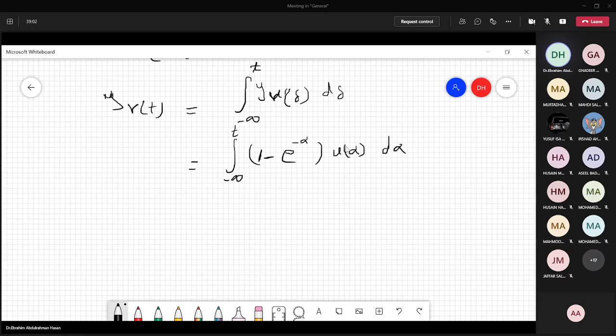Okay, u of t, what is the meaning of u of t? It means that it is valid only for t greater than or equal to 0. So the multiplication of these two will be 0 for t less than 0. So I can remove u and say that it starts from 0.